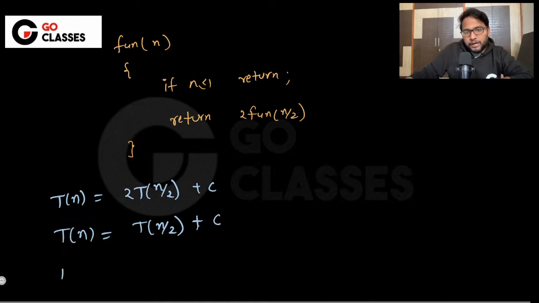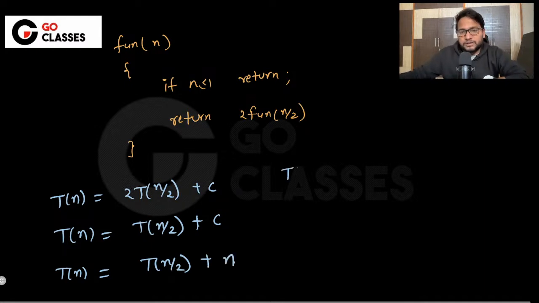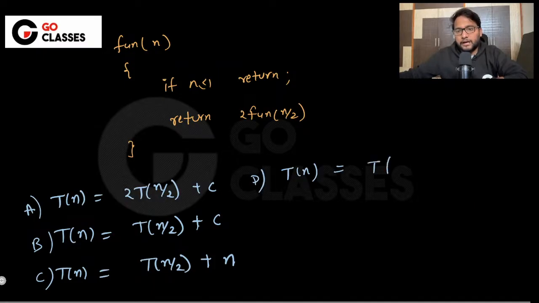Option C: T(n) = T(n/2) + n. And the last option, D, could be T(n) = T(n/2) + n squared. Then what will be your answer?